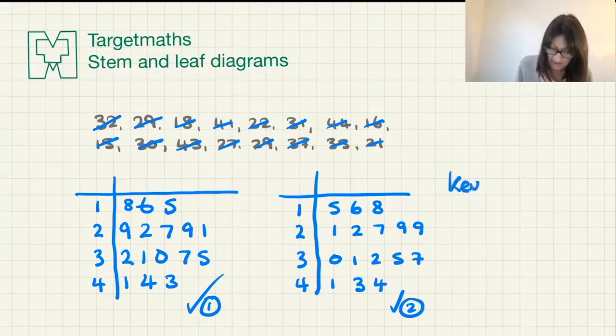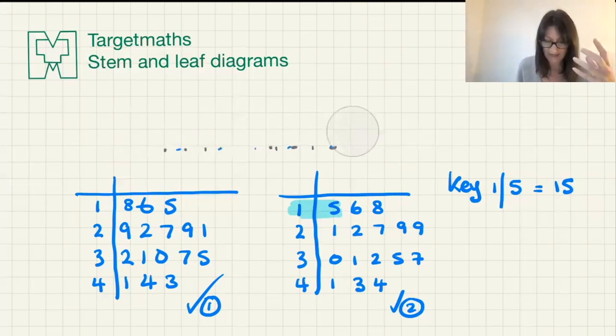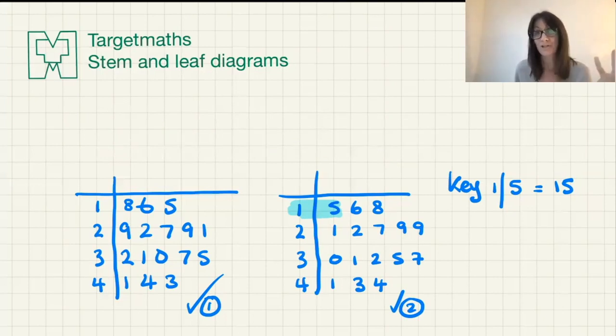So up here, I do the key. And what I do is I just focus in on this part of my diagram and I draw that. So I've got a 1, I've got that part of the line, and I've got a 5. And that number is 15. So then that tells the reader what the numbers were originally, because if I didn't have that there, I would only know that the 1 and the 5 was worth 15 if someone told me, because I could do a completely different key altogether.